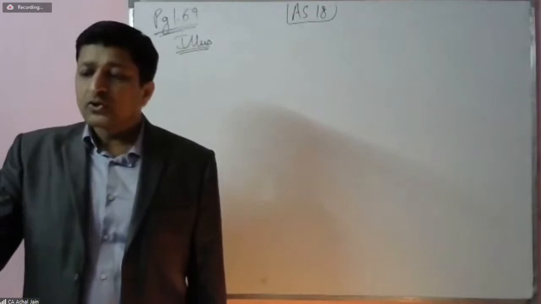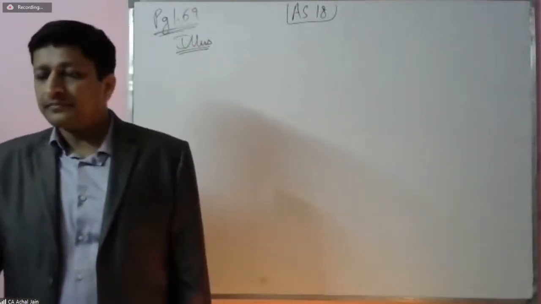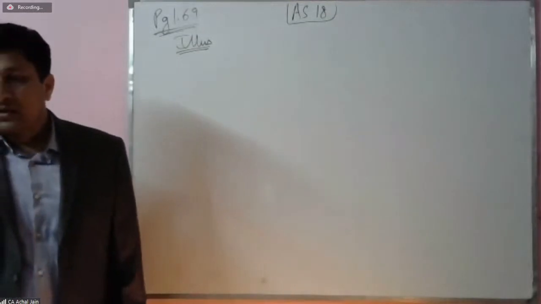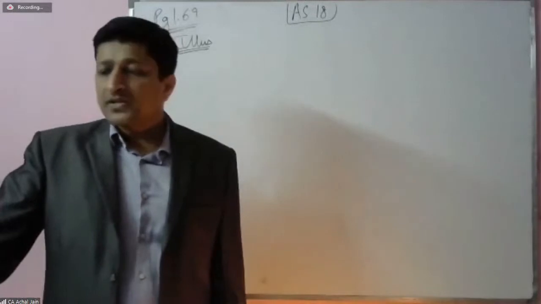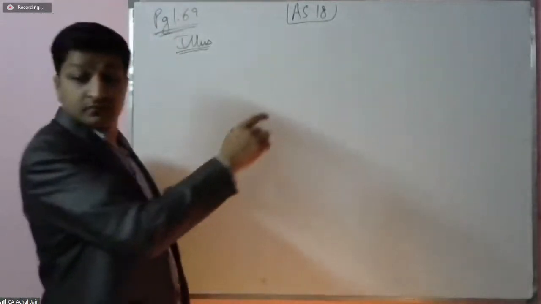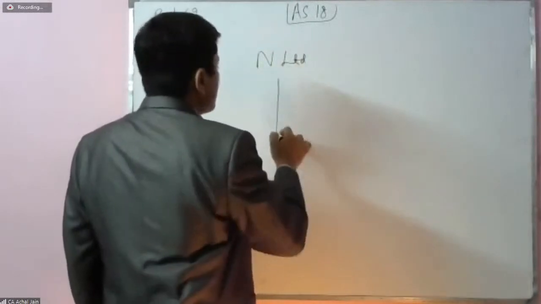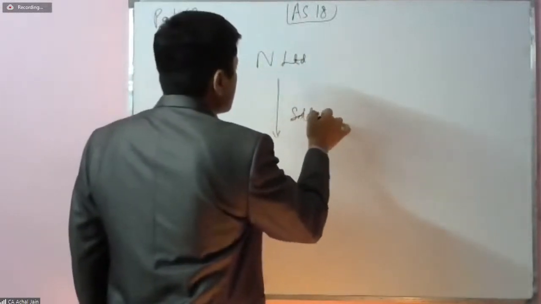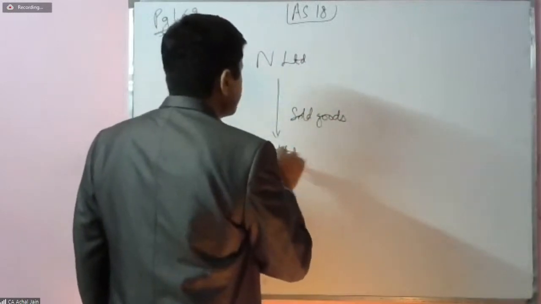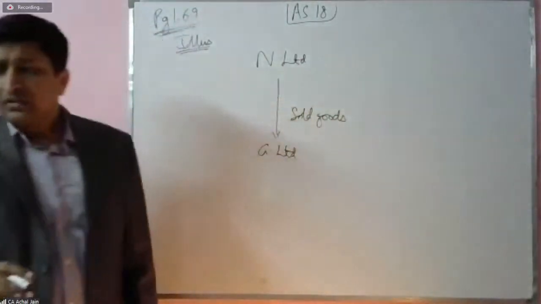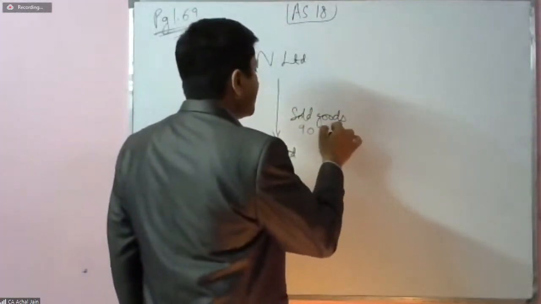Narmada Limited sold goods for rupees 90 lakhs to Ganga Limited during the financial year ended 31st March X1. So we have N Limited which sold goods to G Limited. Okay, this is the transaction. Sold goods worth 90 lakhs.